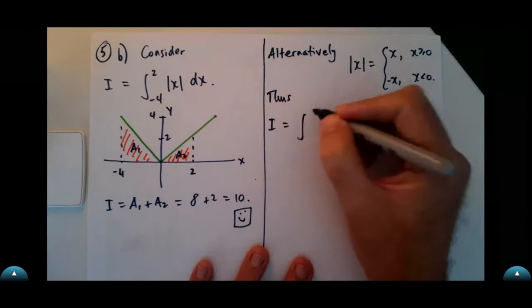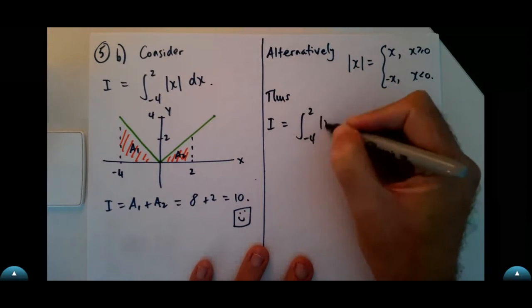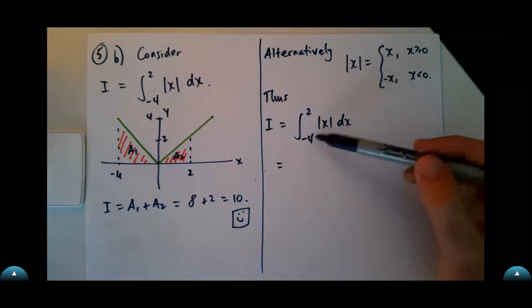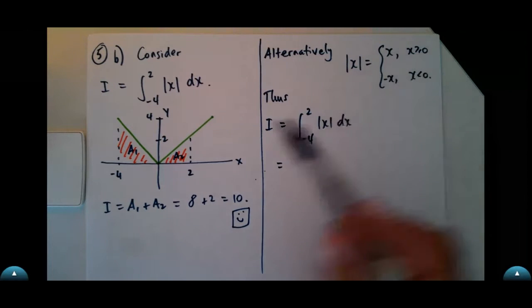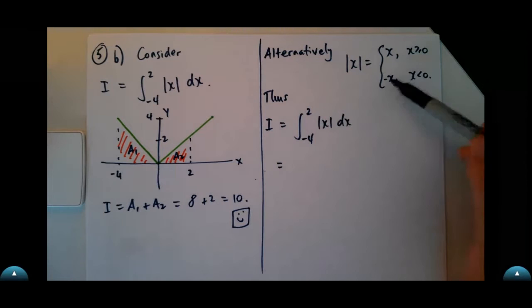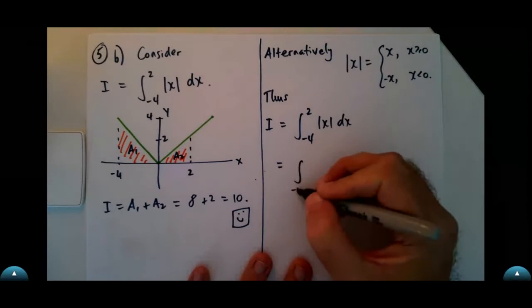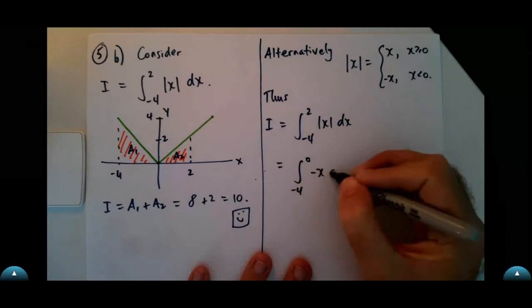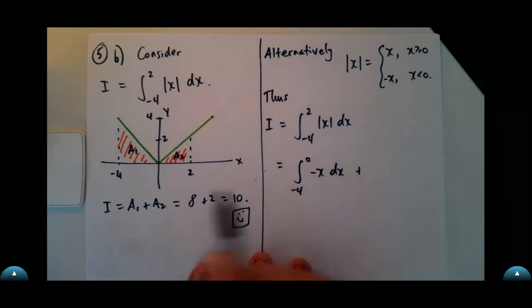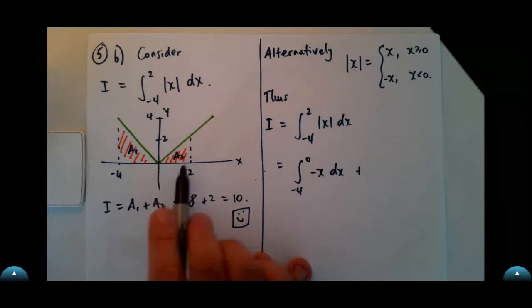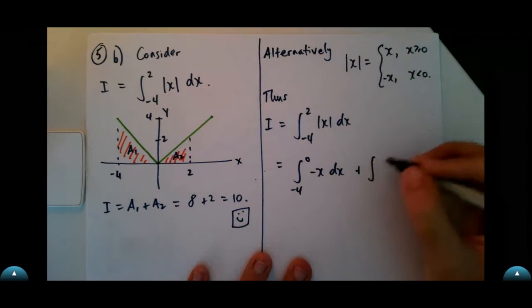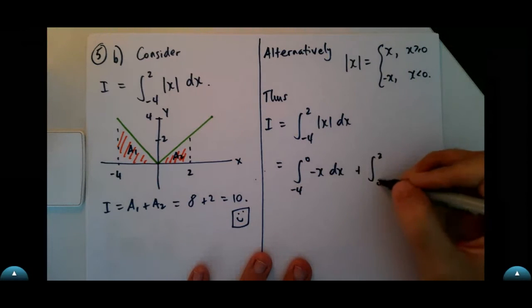So let's break this up into two integrals. When x is negative, on that interval there, our function is just negative x. And you want to add in the other one. When x is positive, between 0 and 2, our absolute value is just the regular x function.